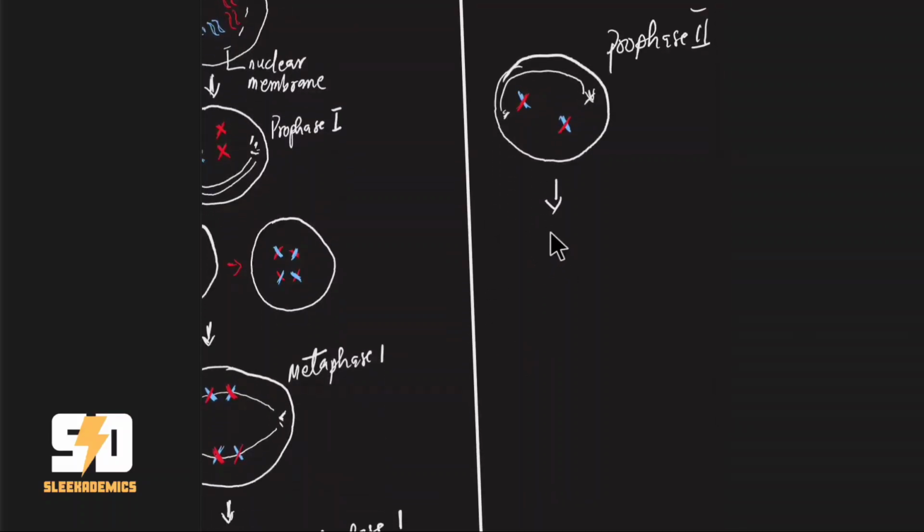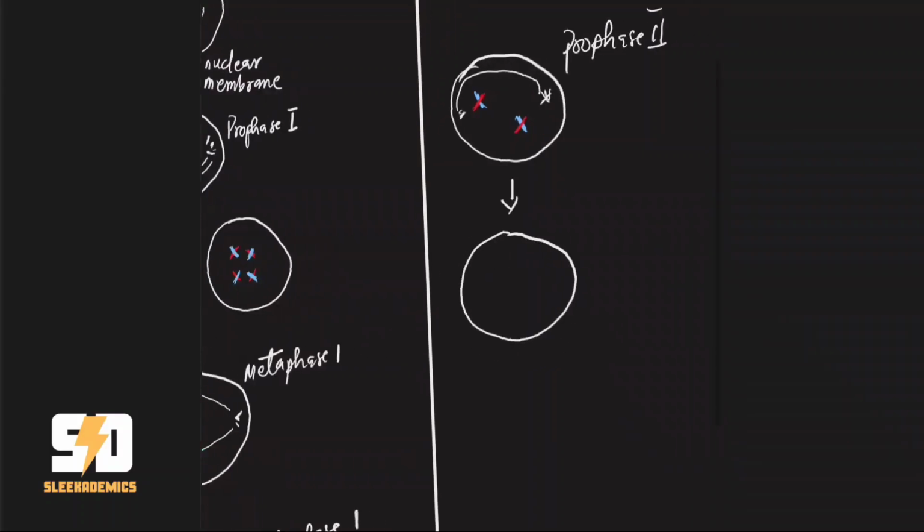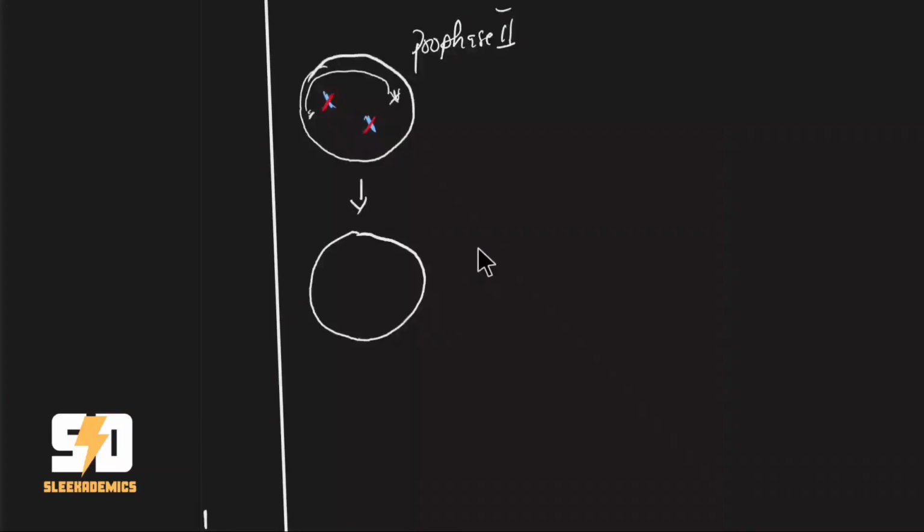In the metaphase 2, we are going to have the cross chromosomes assembling themselves at the center, just like they did previously. So we'll have something like this.